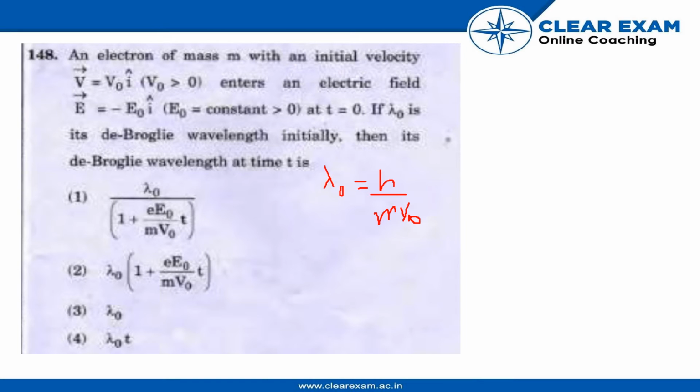So here we can see that E is equal to minus E naught i cap. Initial velocity is v is equal to v naught i cap. So the force acting on the electron due to the electric field will be F is equal to minus e into minus E naught into i cap.